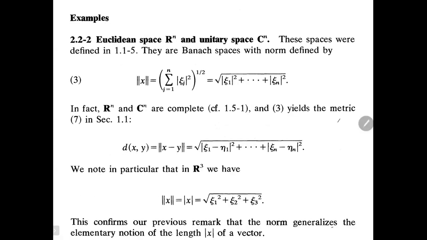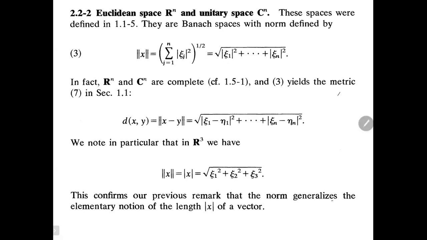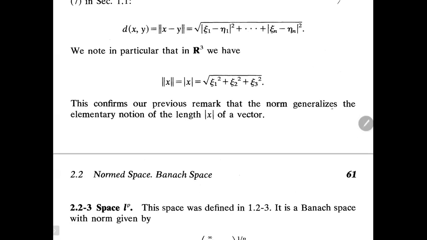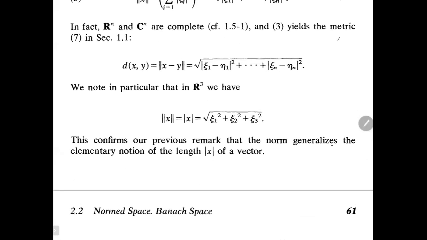So Euclidean space Rn: for every ordered n-tuple, we can define a norm by taking the absolute value, then the square of every entry, and then the square root. Similarly, we can define a norm on Cn. So these are norm spaces, and you can prove it easily.